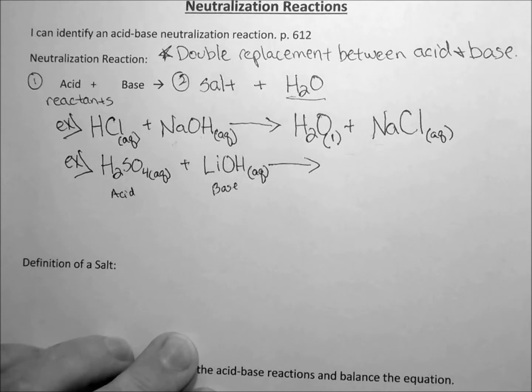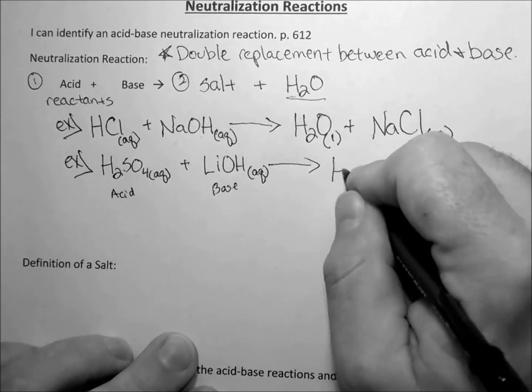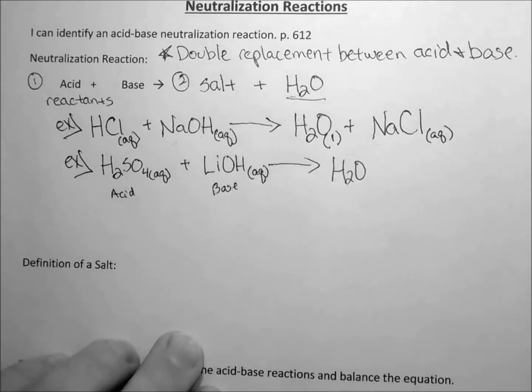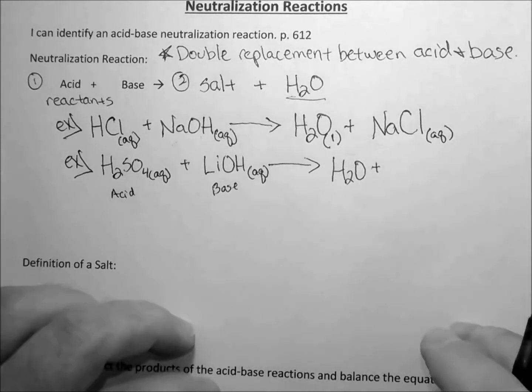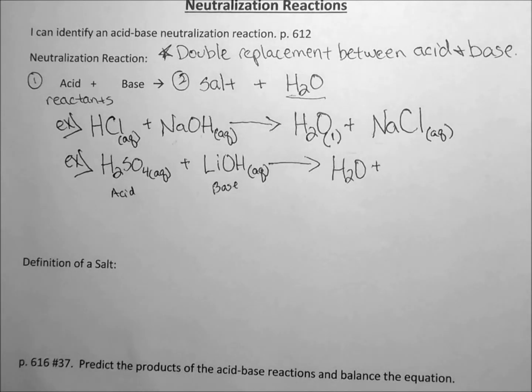Alright, so what's the first thing we're going to do to figure out my products? What is one of my products every single time? Water, H2O. Write that down. How about my other partnership? Who knows what the other partnership will be now?